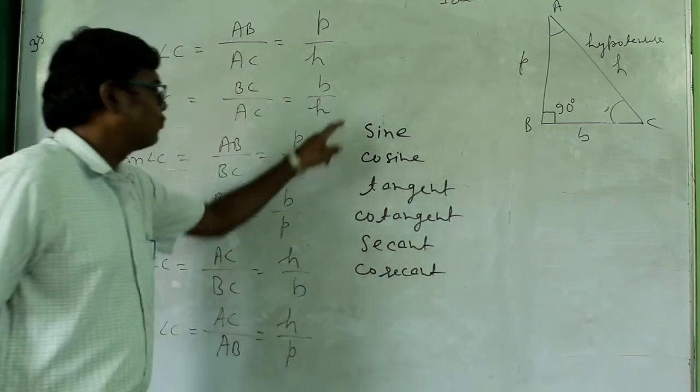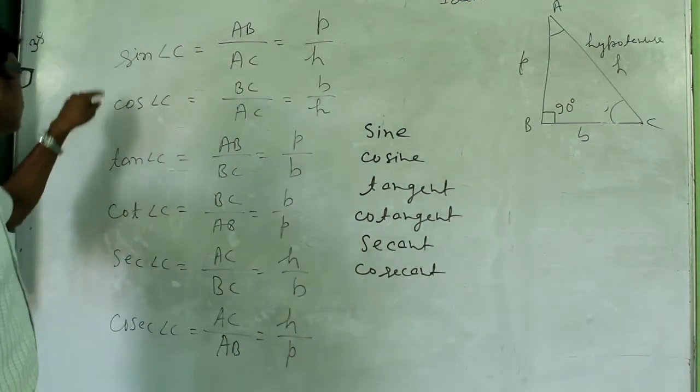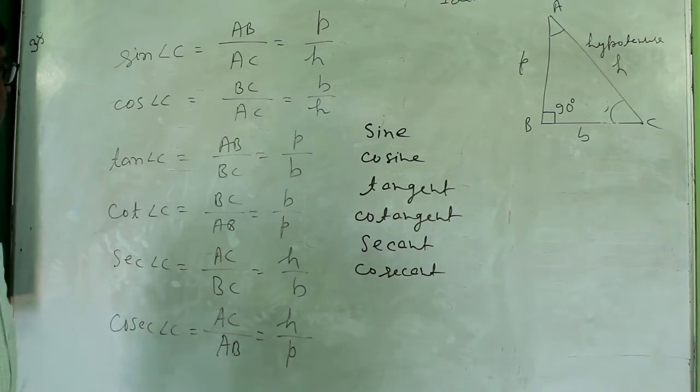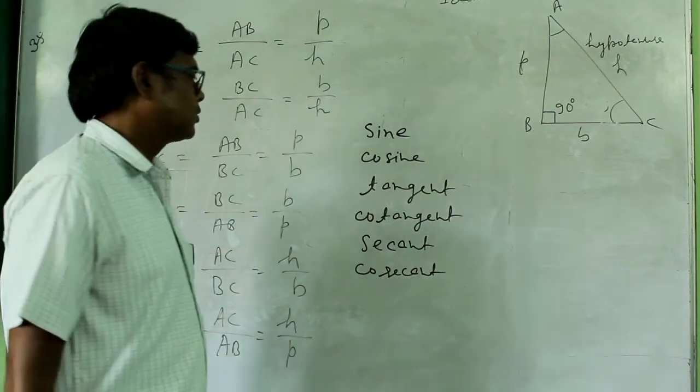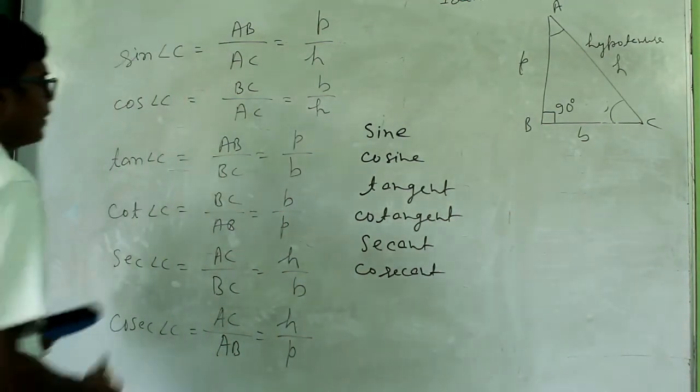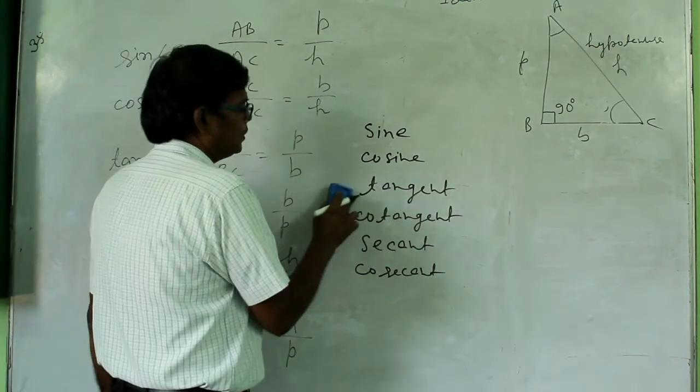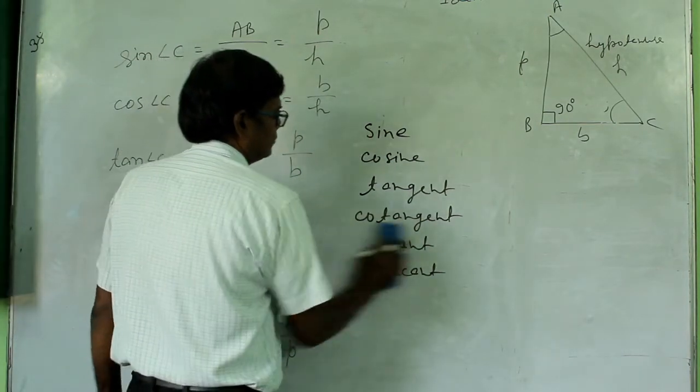These are the full names of the short names sine, cos, tan, cot, sec, cosec. These are the 6 ratios. So remember: sine, cosine, tangent, cotangent, secant, cosecant.